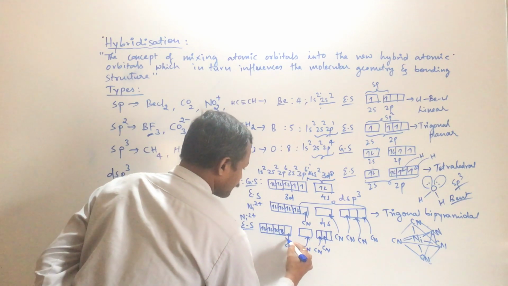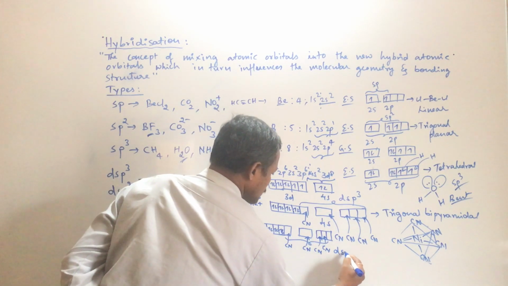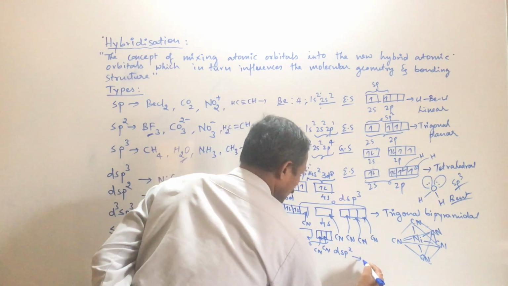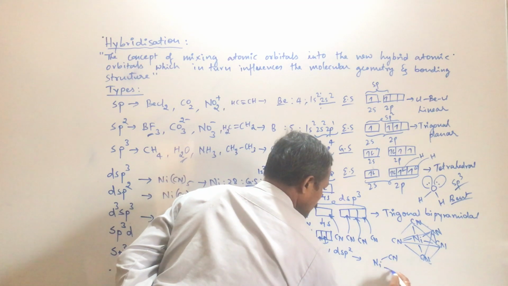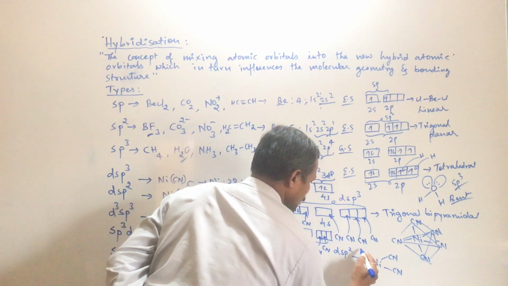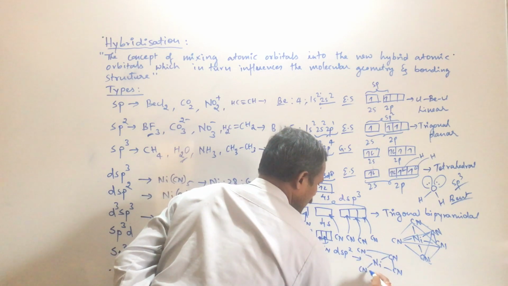So hence it is dsp2. The structure of nickel cyanide is a square planar structure.